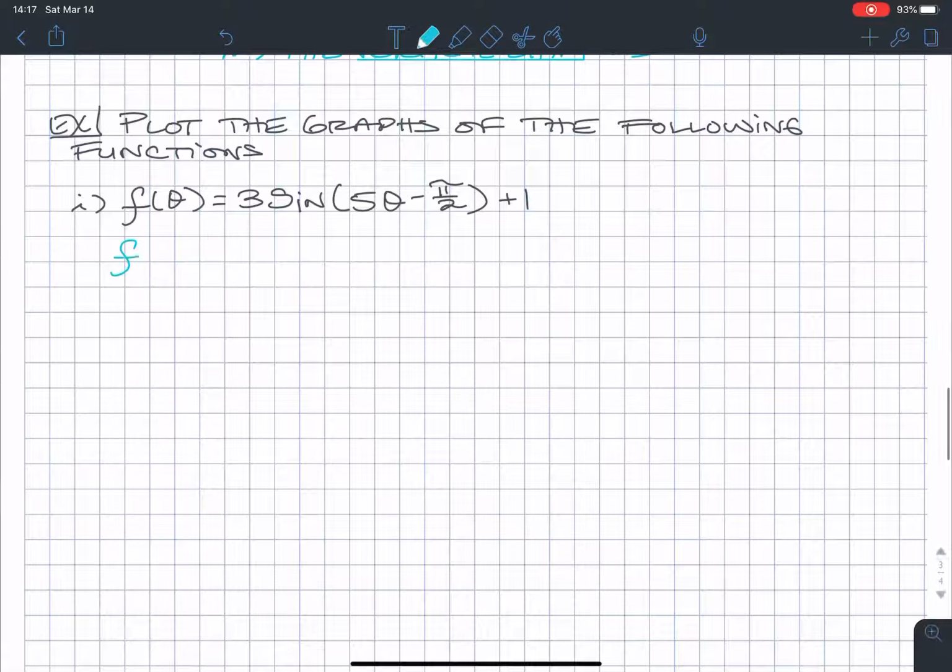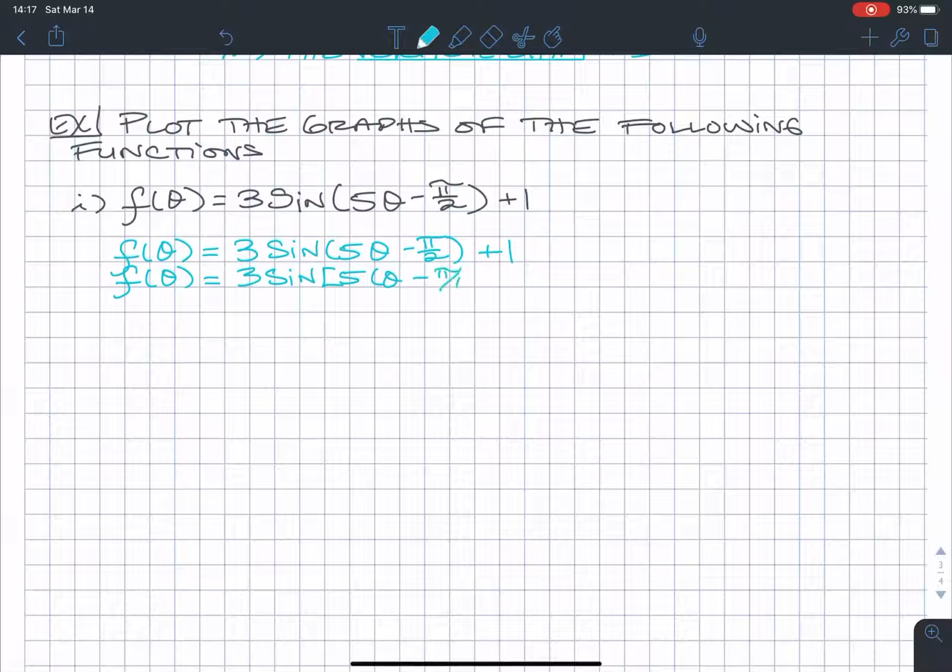We have that f of theta is 3 times sine of the quantity, 5 theta minus pi over 2, and we're adding 1 on the outside. So I'm going to first factor out the coefficient of theta inside the parentheses. So 5 times the quantity, theta minus pi over 10 plus 1.